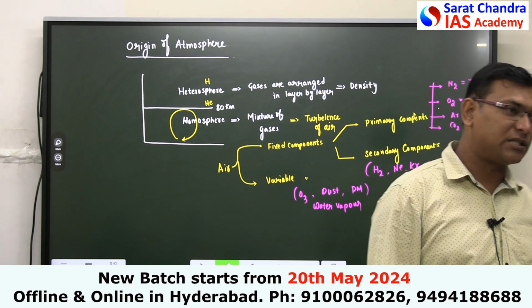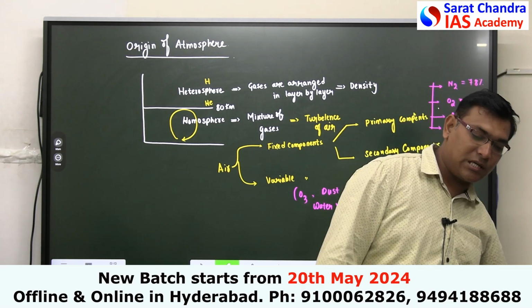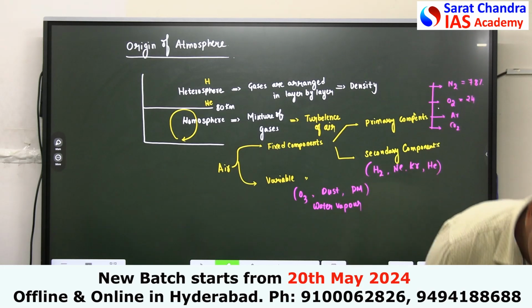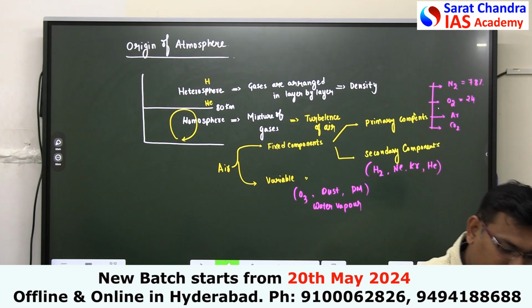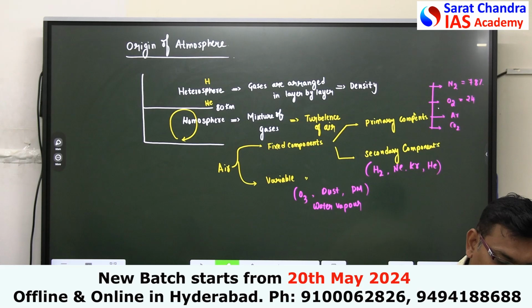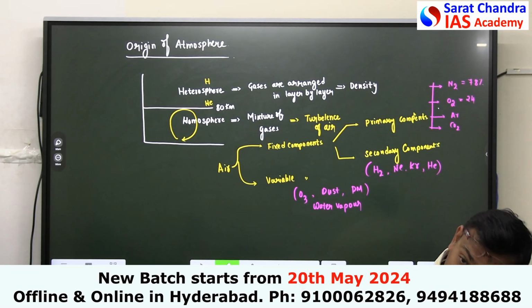Okay, then heterogeneous layer. You write heterogeneous layer. In this layer, gases are arranged layer by layer.